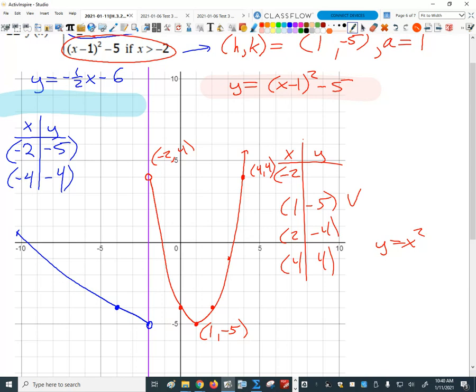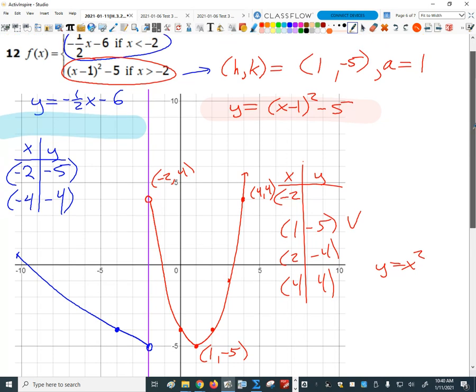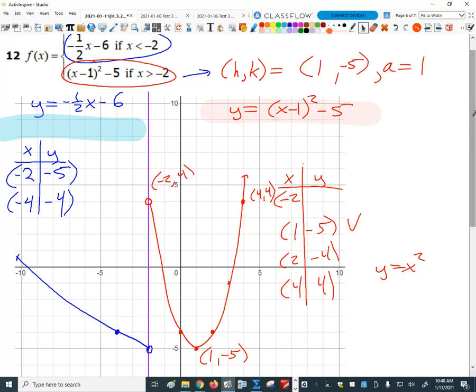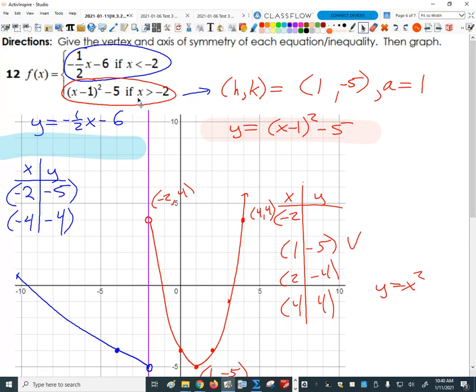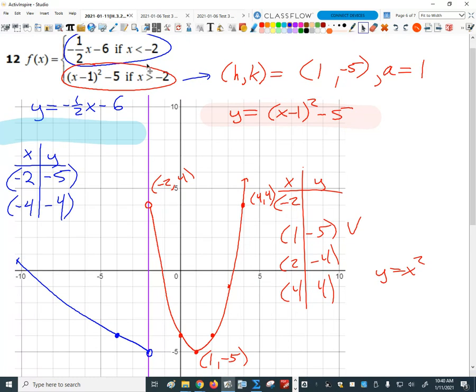Okay. So this is, honestly, pretty advanced. This is not something that shows up in the normal curriculum. But for you guys, I just want you to see this in a slightly different context. So just understand where I'm coming from on this. I wanted you to get a little practice building another parabola, but I want you to see it in the context of a little more complicated piecewise function.